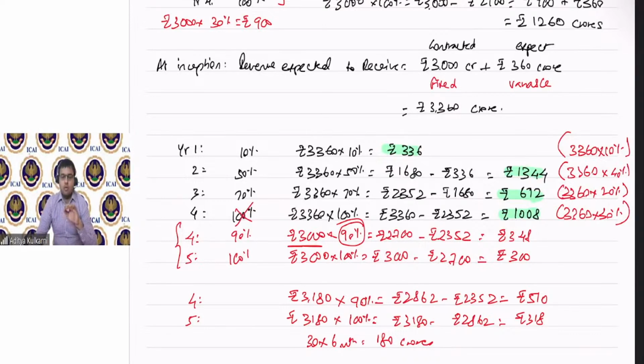We are going towards smoothening my profits over the contract tenure, which is correct, and we have to achieve that, because basically you are providing one contract only to the customer. And if you are working uniformly on that contract, when I say uniformly, I don't mean 20, 20, 20, 20, 20.